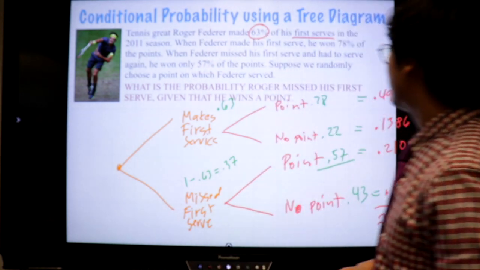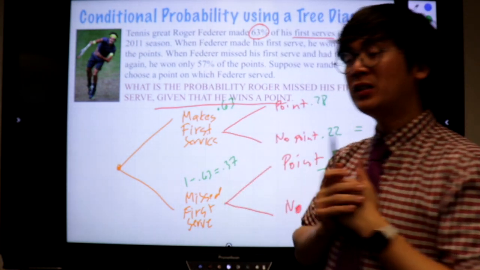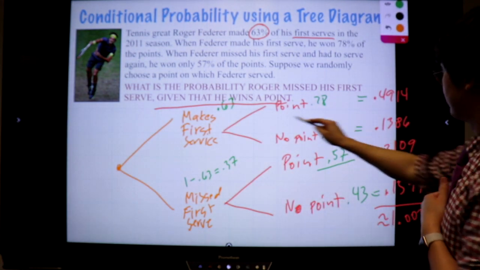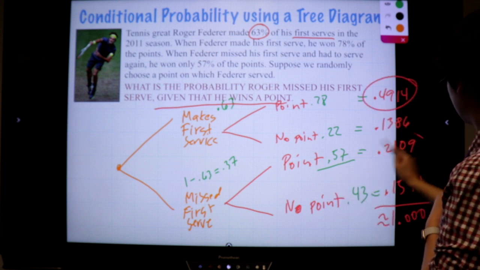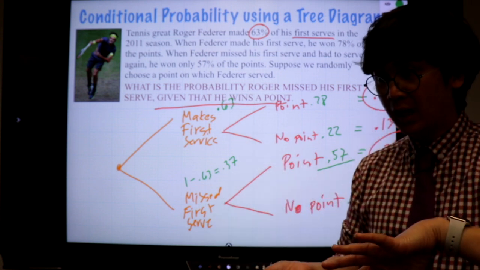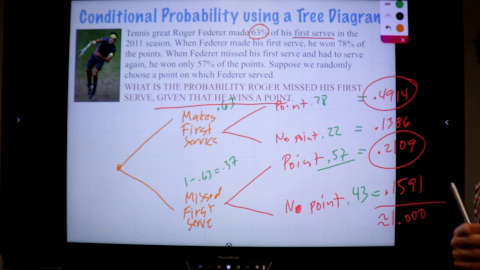So, given that he wins a point, what's the probability that he wins a point? That will be your denominator. Do you add them? You add them, because that's the probability that he wins a point, right? And what is the event?